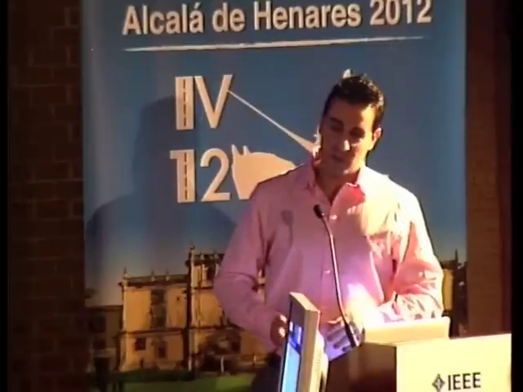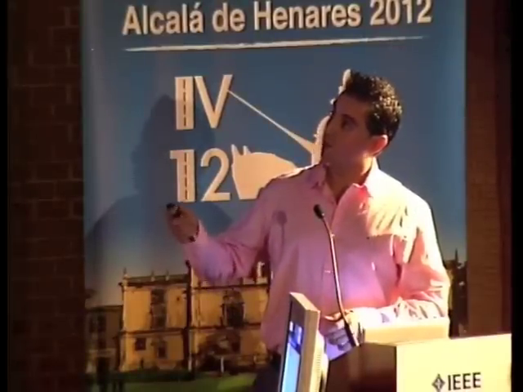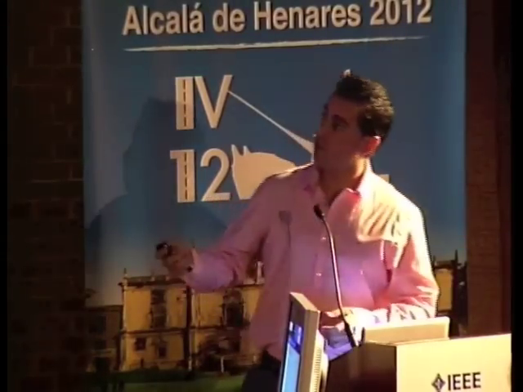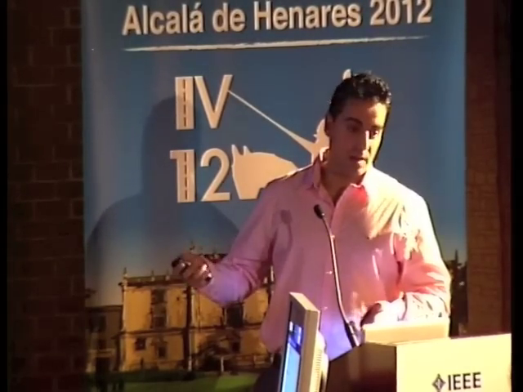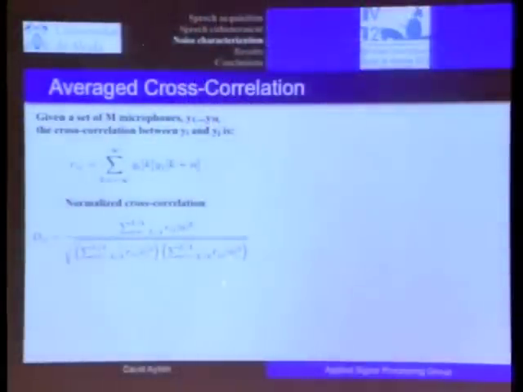So if we have a set of M microphones, Y1 to YM, the cross correlation between two signals, between two microphones, is given by this expression here. We can normalize the cross correlation between the two microphones just by dividing by the energy of each microphone. And the average cross correlation between every pair of microphones can be calculated by averaging this function here.